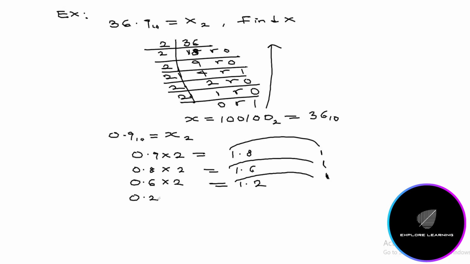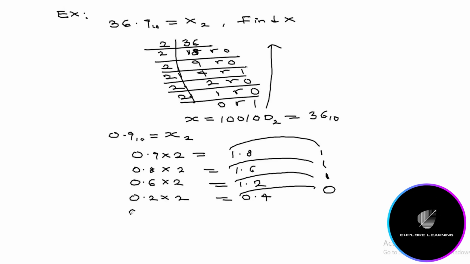So say 0.2 multiplied by 2. So that will give us 0.4. The rule says we should keep the value before the decimal point, which is 0. So for the next value, we say 0.4 minus 0, it's going to be 0.4.